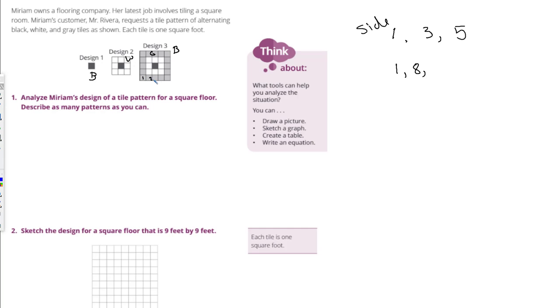This next one, 1, 2, 3, 4, 5, 6, 7, 8, 9, 10, 11, 12, 13, 14, 15, 16. So 16. So how many tiles are we adding each time?